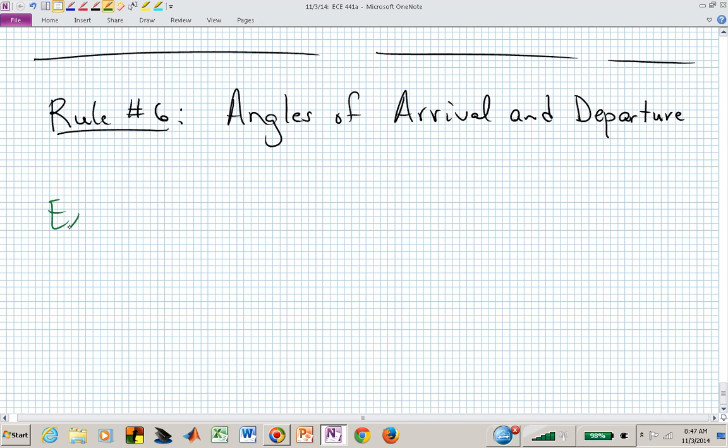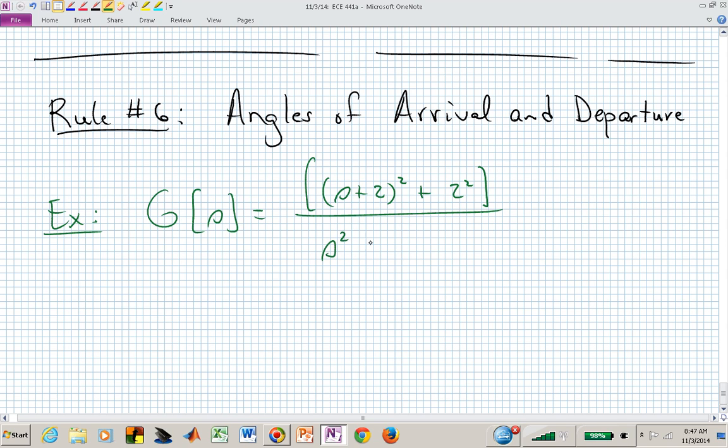For example, suppose somebody gives you G of s equaling (s plus 2) squared plus 2 squared, over s squared times (s plus 4).